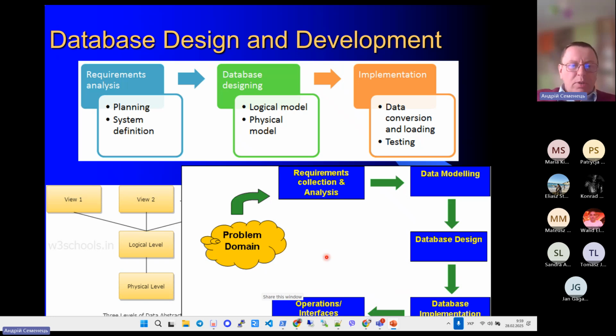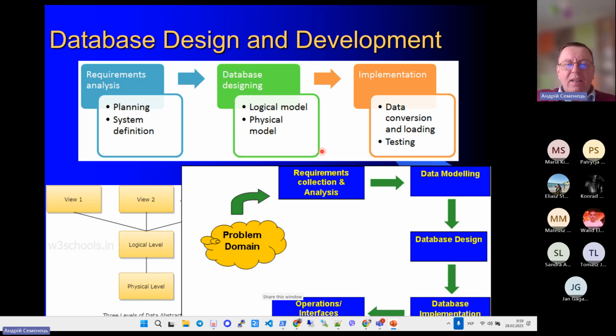So again, we need the same steps: planning and definition, analysis of requirements, some planning, and defining key points, for example, identification of those entities that we have to deal with in our database.